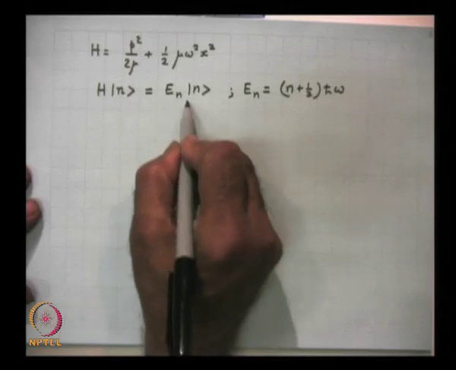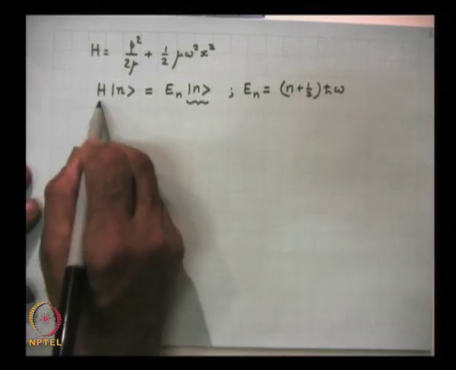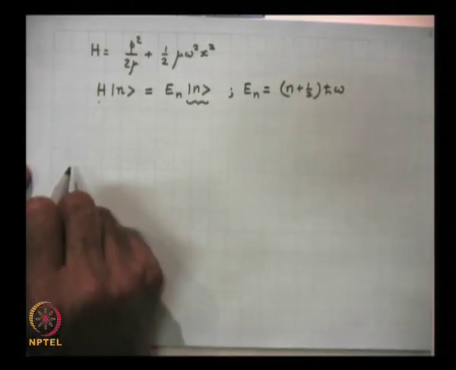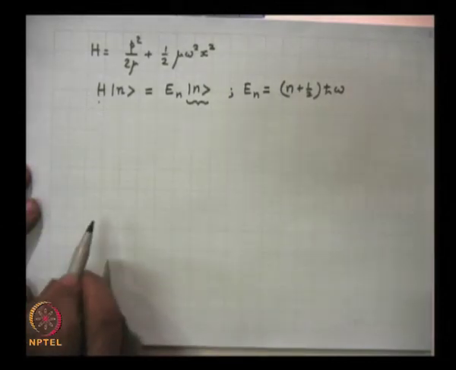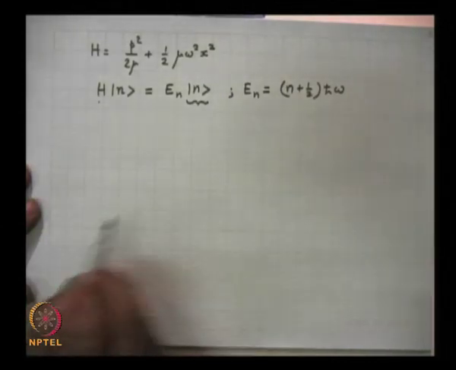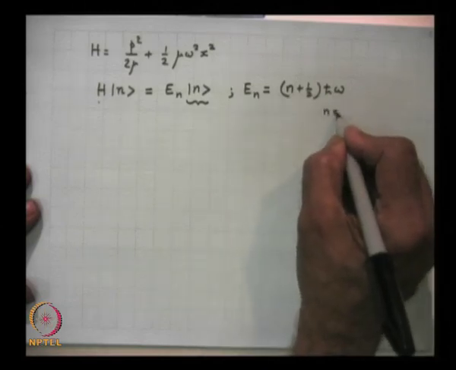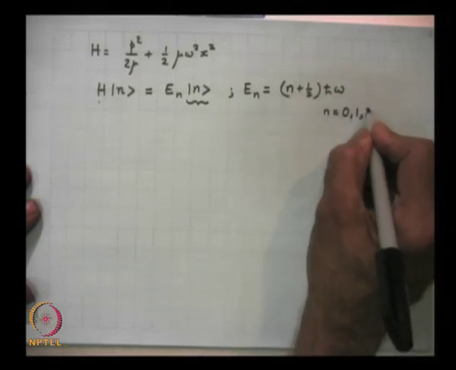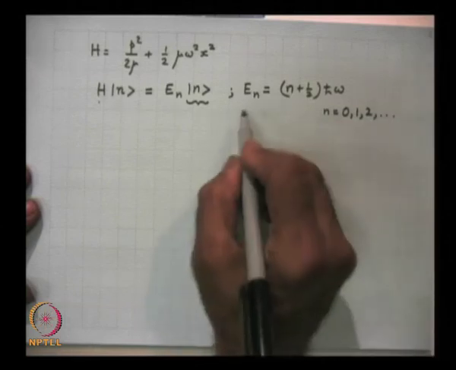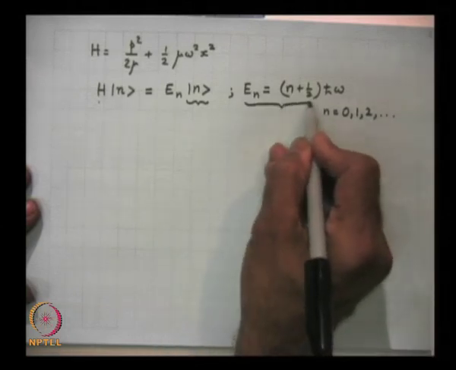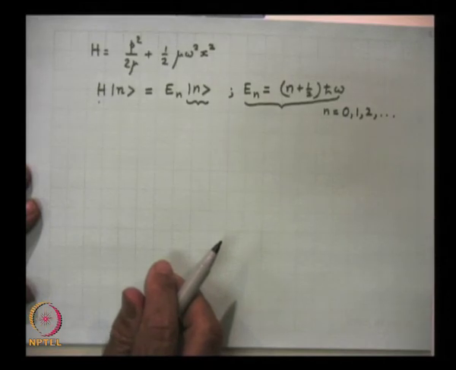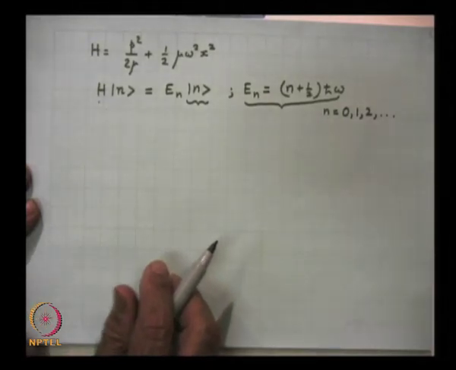These are the orthonormal eigenkets of the operator H belonging to the eigenvalue E sub n, where E n is equal to n plus half h cross omega and n is equal to 0, 1, 2, 3. So, the eigenvalue spectrum that we get is the same as we had obtained by solving the Schrodinger equation.